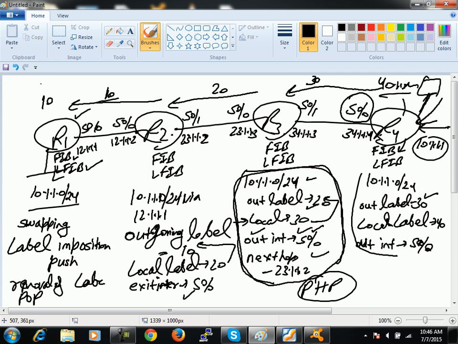Here you can swap, because whenever a packet is received with a local label, it will swap it with its outgoing label. But remember, there is a very simple rule. If you receive an unlabeled packet, you will always perform a lookup in your FIB. If you receive any labeled packet, you will always perform a lookup in your LFIB.